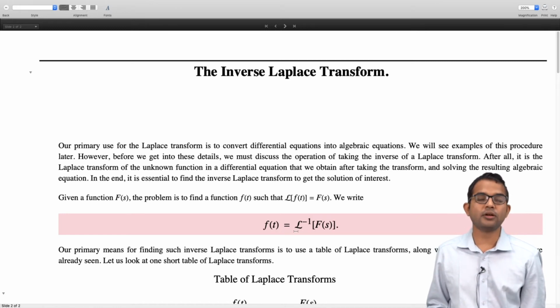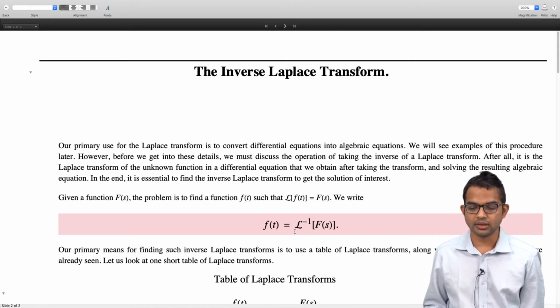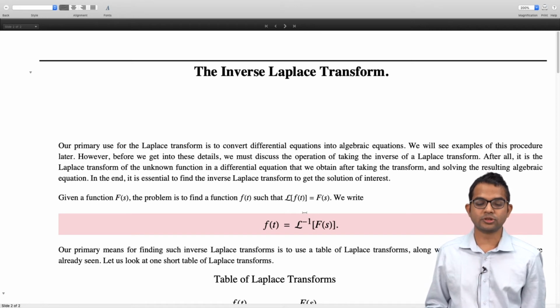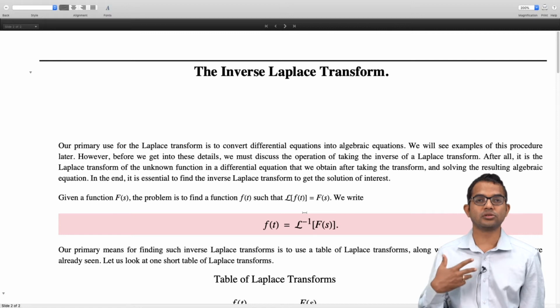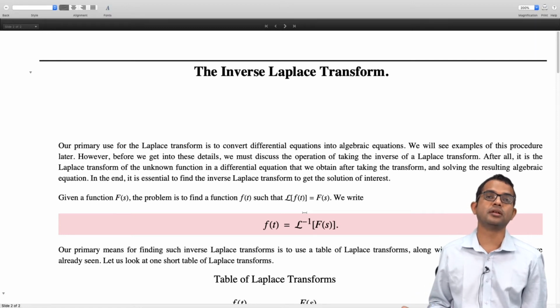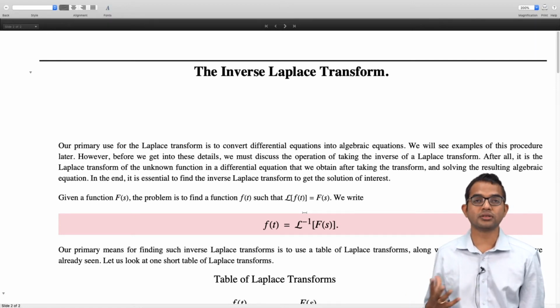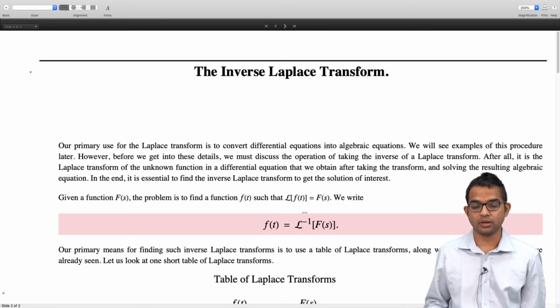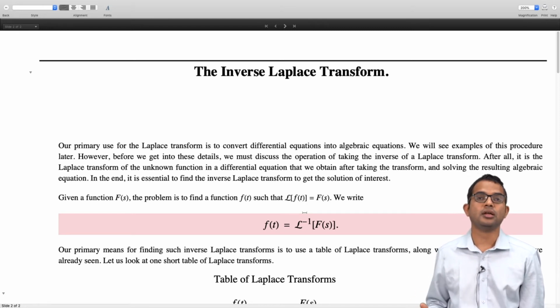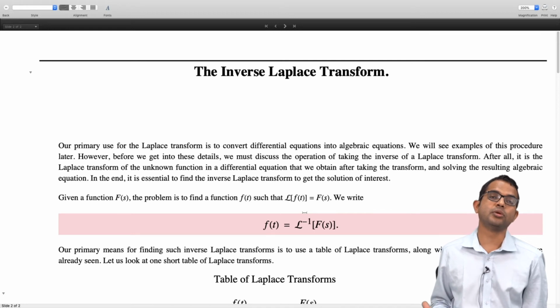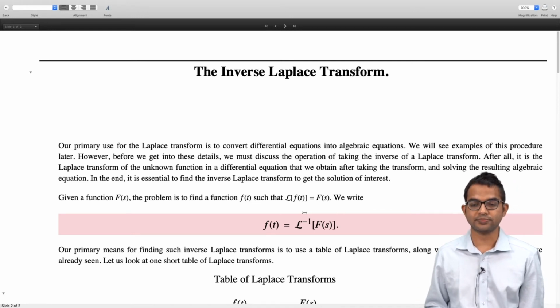So the method we take here is actually a sort of brute force approach, which is we just form a table of standard types, and then we just look up from the table and see if we can bring the function that is given to us into one of the forms here, and then exploit some of the properties of the Laplace transform to be able to work out the inverse Laplace transform, right?